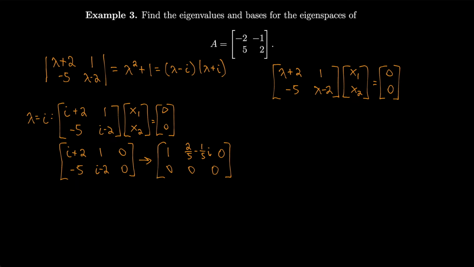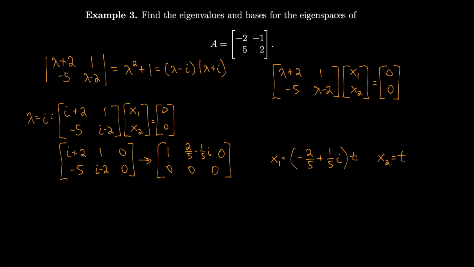So I can just set x1 equal to -2/5 plus 1/5 i times t, because my free variable x2, I can just make equal to t. So I'll just set x2 equal to t. Okay, cool.